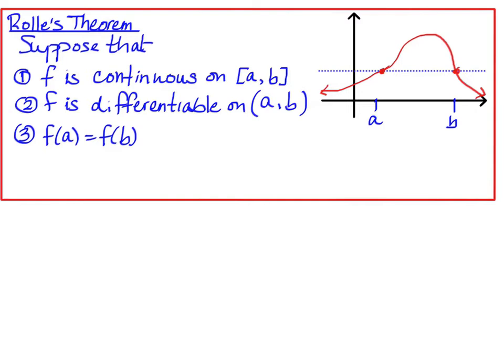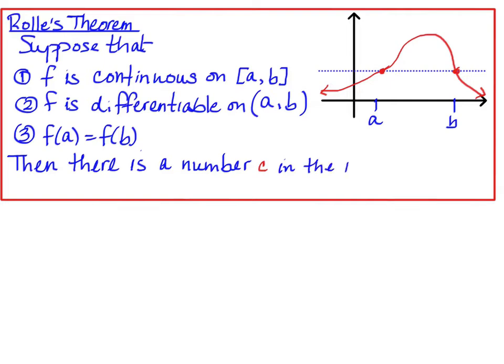Basically, when you have a function that's continuous and differentiable, it doesn't skip over any points, and it's nice and smooth, it has to have a turning around point, right? We can visualize that. It could be a local max or it could be a local min, but it's a turning around point.